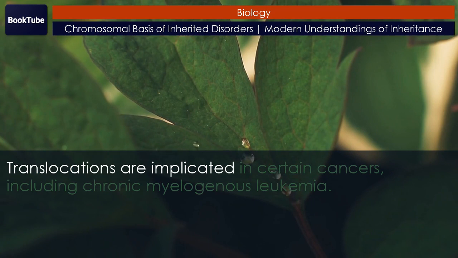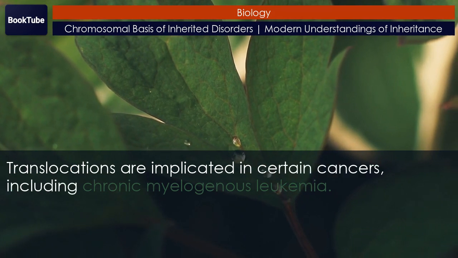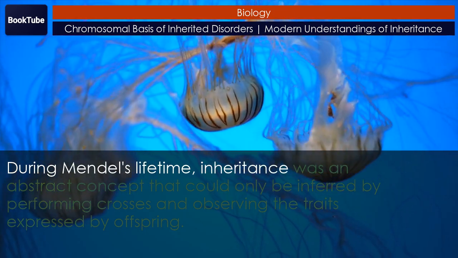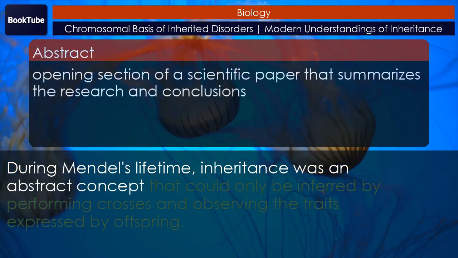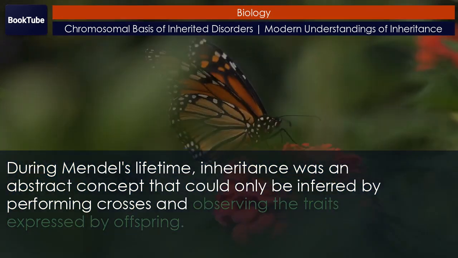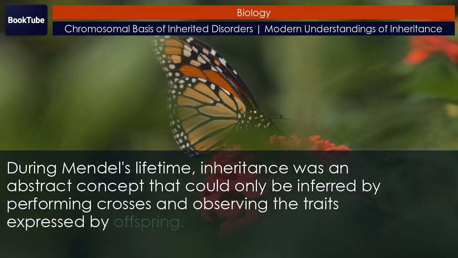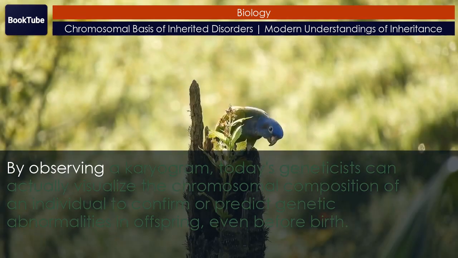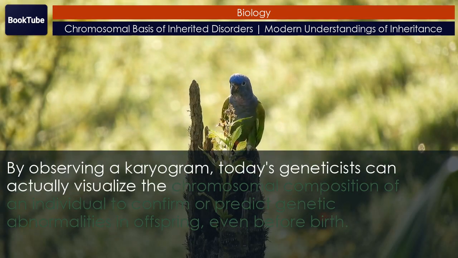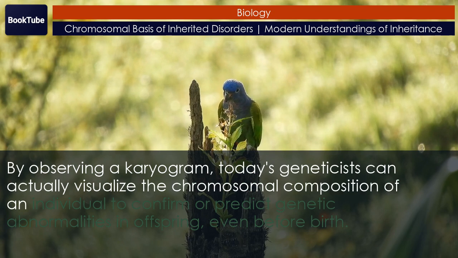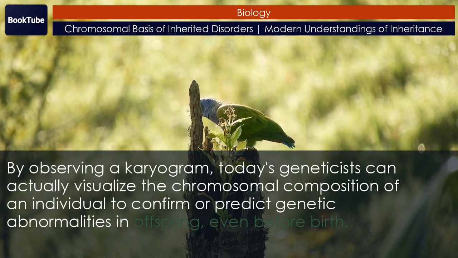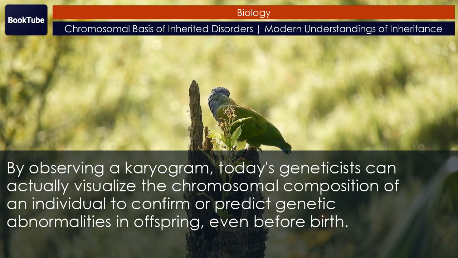Translocations are implicated in certain cancers, including chronic myelogenous leukemia. During Mendel's lifetime, inheritance was an abstract concept that could only be inferred by performing crosses and observing the traits expressed by offspring. By observing a karyogram, today's geneticists can actually visualize the chromosomal composition of an individual to confirm or predict genetic abnormalities in offspring, even before birth.